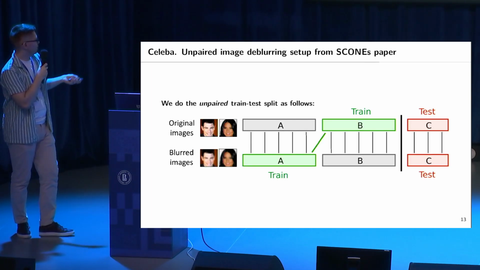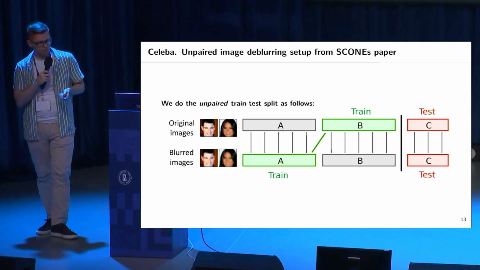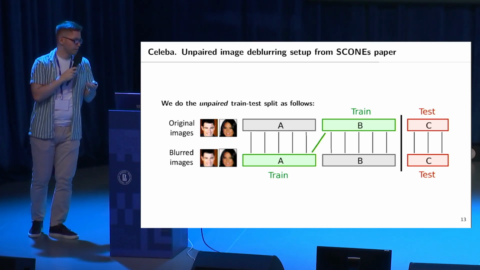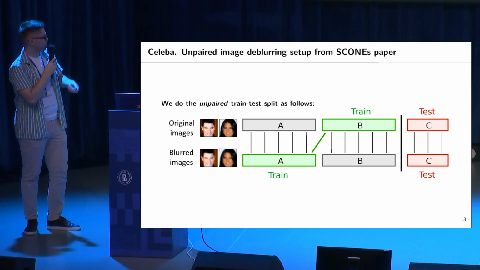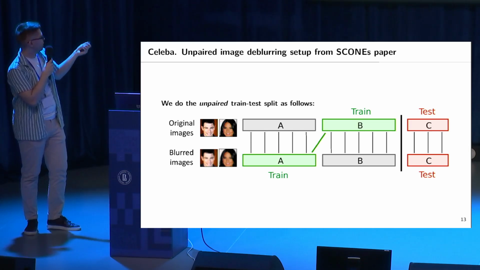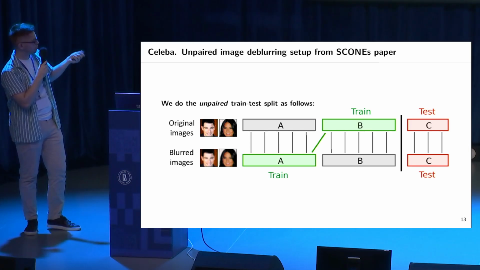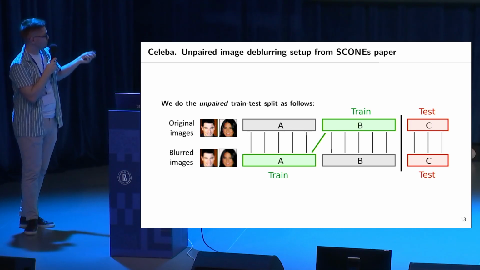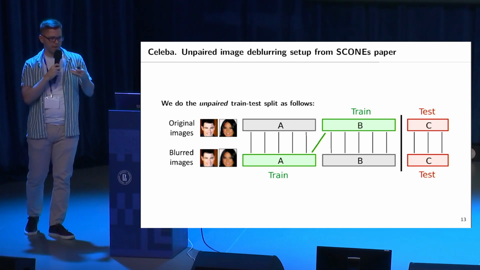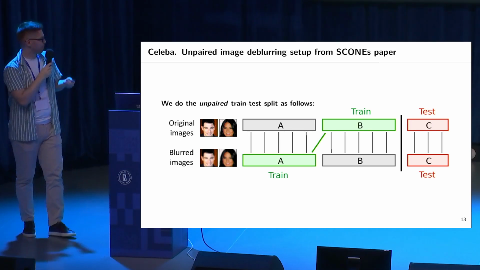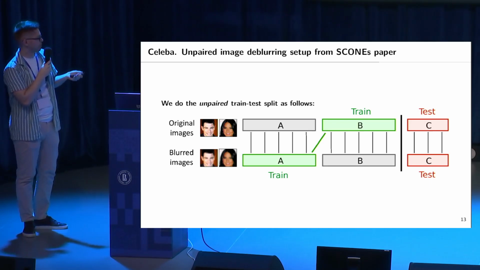Okay, then we consider a simple setup from our competitor. We just want to deblur images. So we have original celeb images and blurred celeb images. We want to solve this problem, again, in the unpaired setup, so we don't have any pairs.